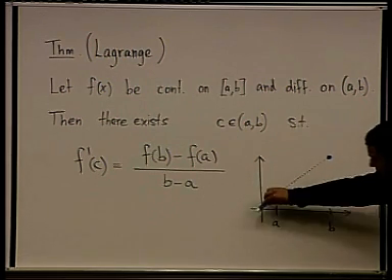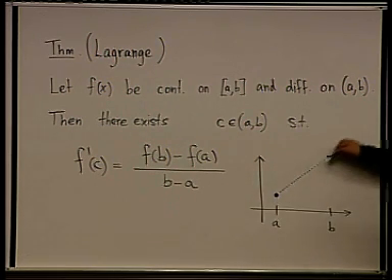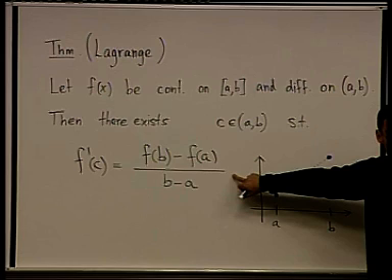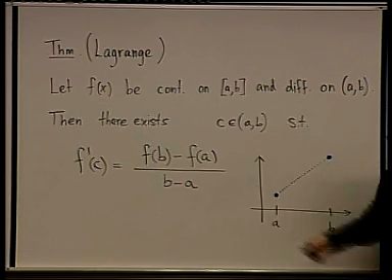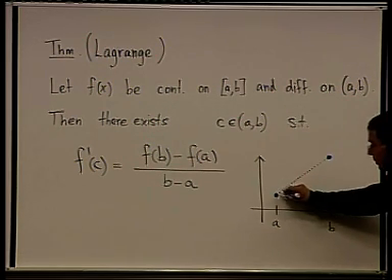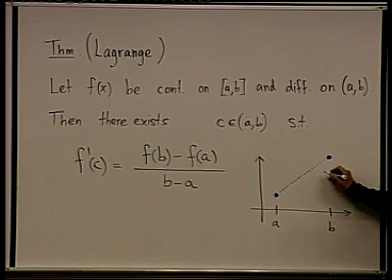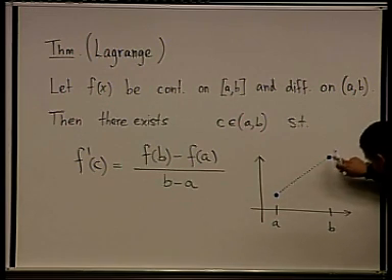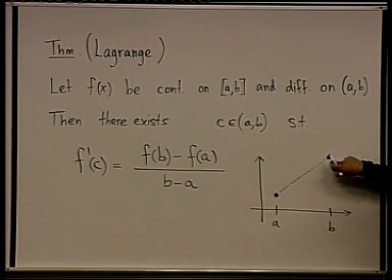So if the function is just a line, a linear function, then at any point, this is precisely the derivative. This is the slope, right? In the case where it's not, then it either goes above this line or it goes below this line, right? But it can't just go above and end up here, because it has to end up here, right?